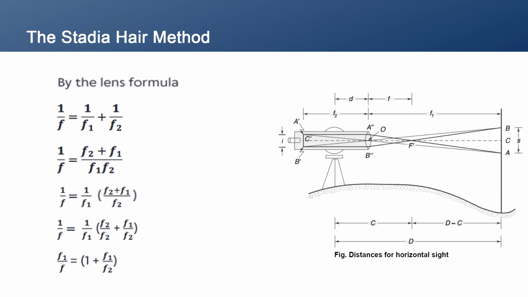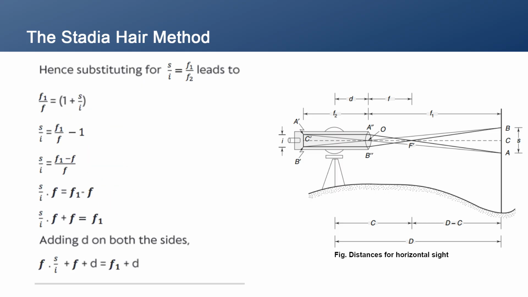This can be written as 1 by f is equal to f2 plus f1 by f1 f2. Now, by taking 1 by f1 out, it can be rewritten as 1 by f1 into f2 plus f1 by f2. So, 1 by f is equal to 1 by f1 into f2 by f2 plus f1 by f2. Here f2 and f2 get cancelled and we get f1 by f is equal to 1 plus f1 by f2.